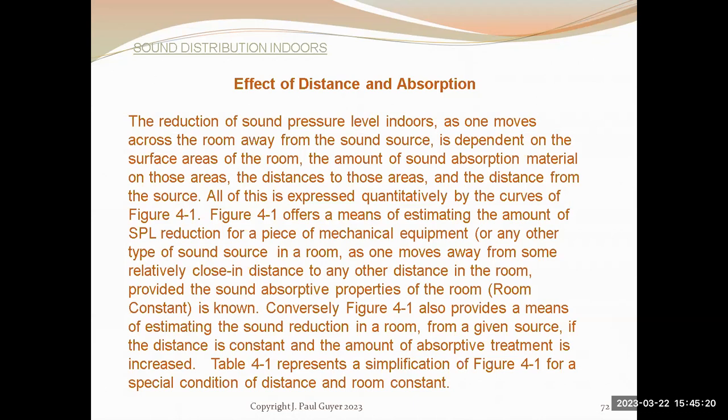And also, the finished materials in the receiving room are going to absorb a certain amount of acoustic energy. But again, this is not a large reduction that takes place. So most of the reduction of the sound that moves from the source to the receiver needs to be absorbed in the barriers, in the walls, the ceilings, and the floor. And this is where you as the building designer come into play.